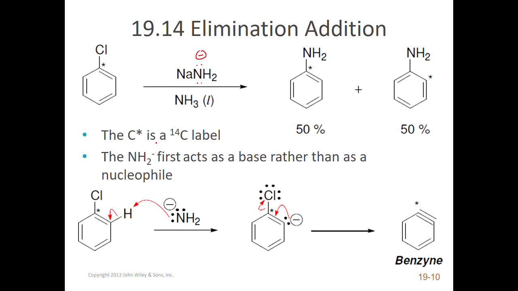And this mechanism can be elucidated with carbon isotopic labeling, or you could just put the methyl group on there, which I think probably makes more sense. So rather than describe the labeling, let's just imagine there's a methyl group here. And I'll just draw this one a little bit differently.